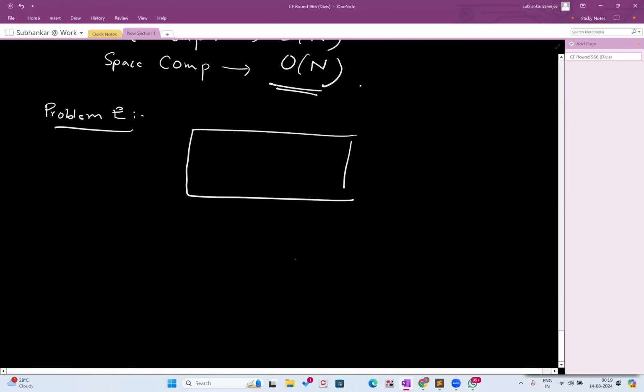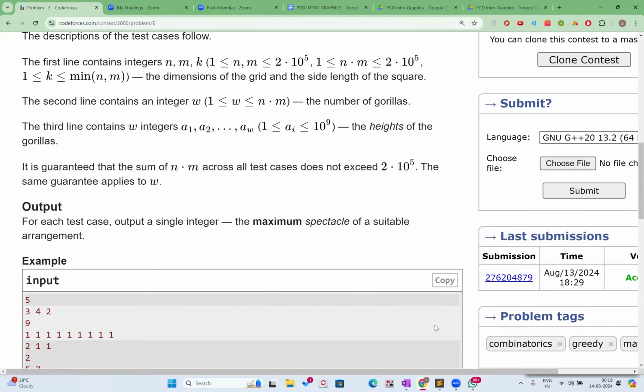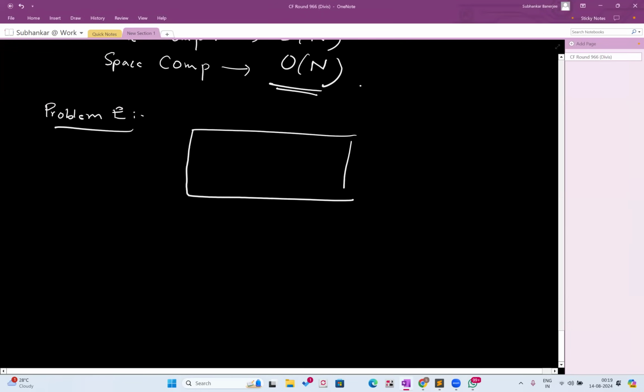There is an n cross m grid, and there are W gorillas.